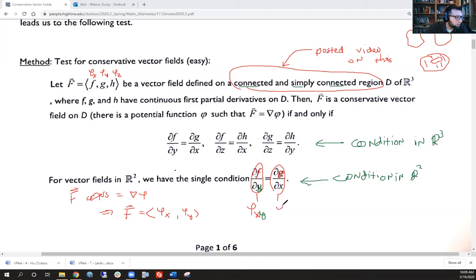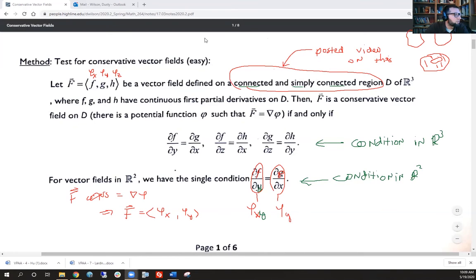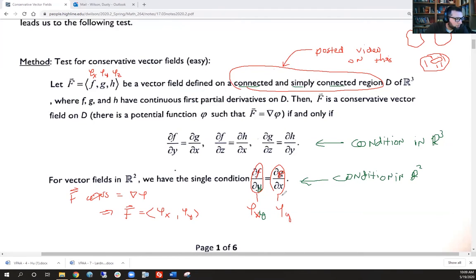So that would be the partial derivative of phi with respect to y, and then we can take the partial derivative of that with respect to x. And so you see, this condition is just an extension of that Clairaut's theorem that we were talking about earlier. Questions about this? Very good.